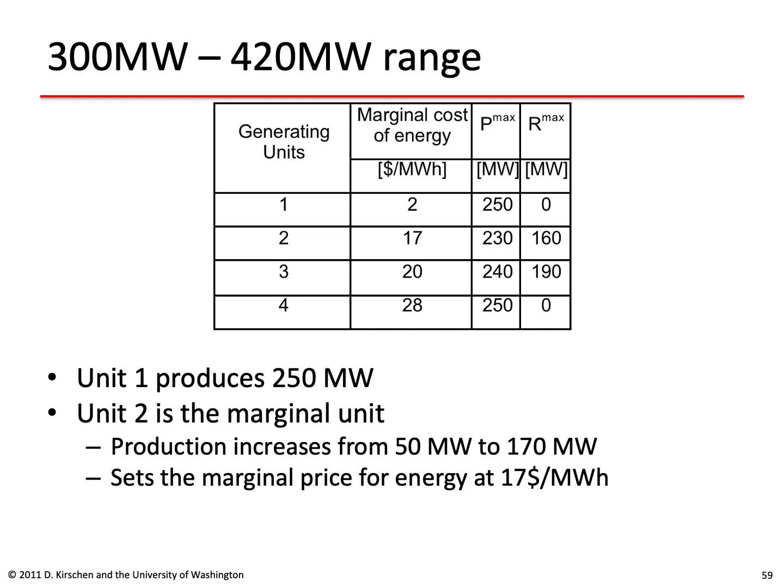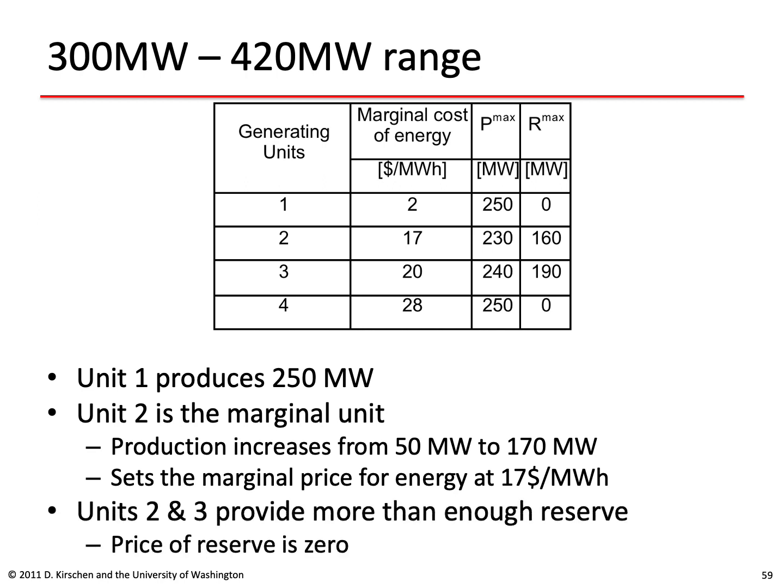So as the demand increases from 300 to 420 megawatts, the production of unit 2 will increase from 50 to 170 megawatts. And it will set the marginal price of energy, because it is the marginal unit, at its marginal cost of energy, which is $17 per megawatt hour.